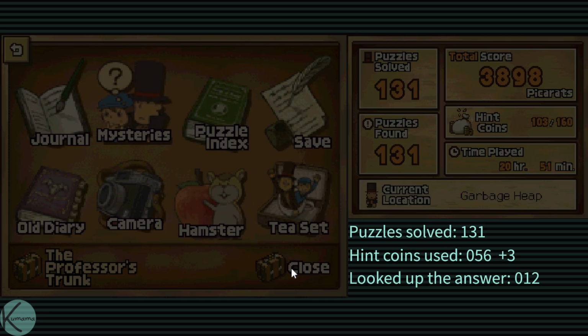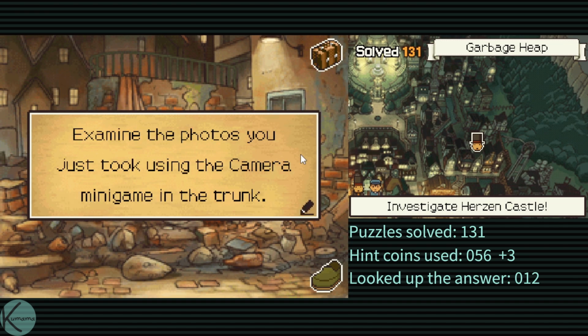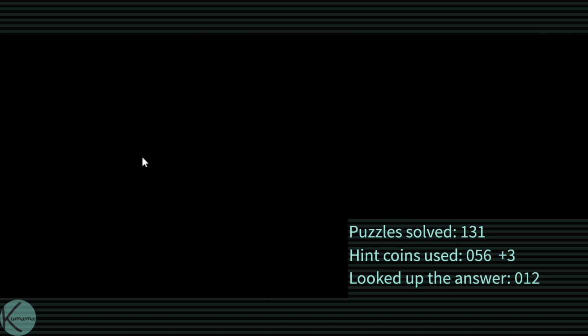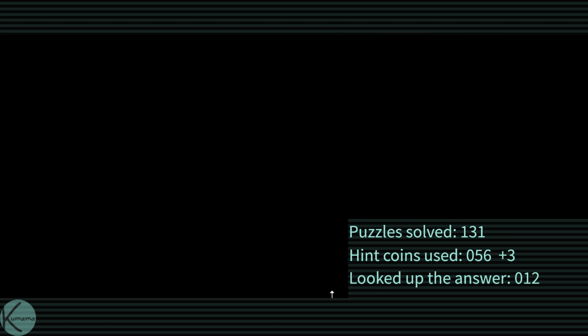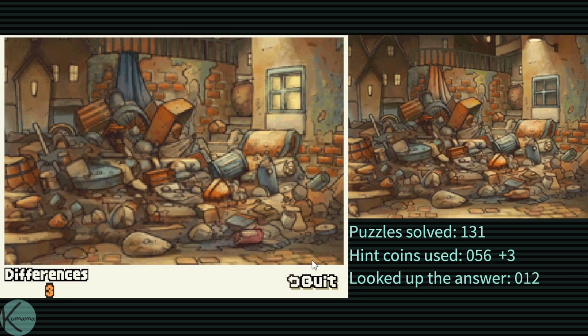Alright, found another one. We're in the dump. Something seems a bit off. Yeah, it's the garbage everywhere. It's the dump. Garbage heap number 2.